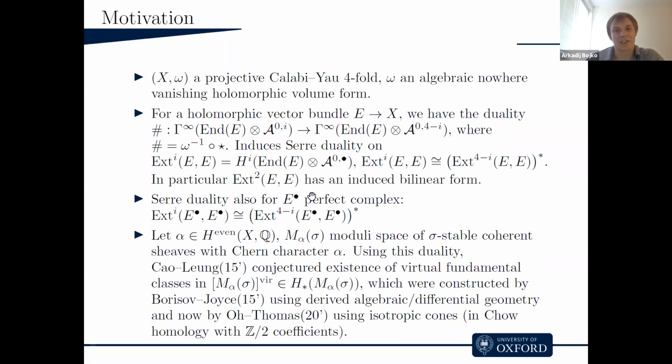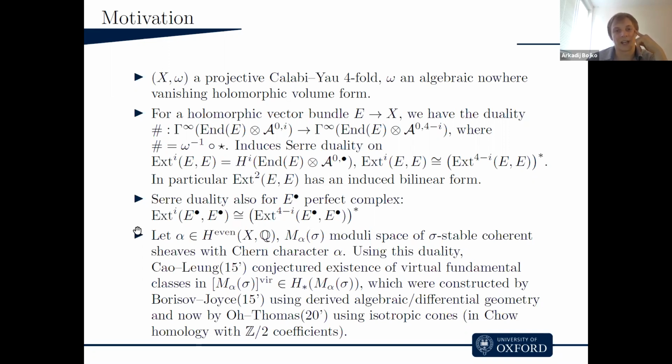This whole idea in fact works very much in the same way on perfect complexes also, where a perfect complex is essentially a sequence of vector bundles. It's not given uniquely in such a way, but one should really think of it as a sequence of holomorphic vector bundles.